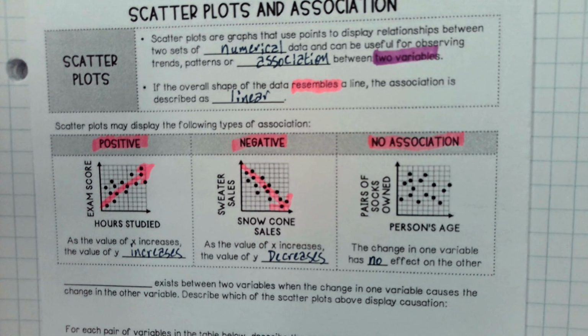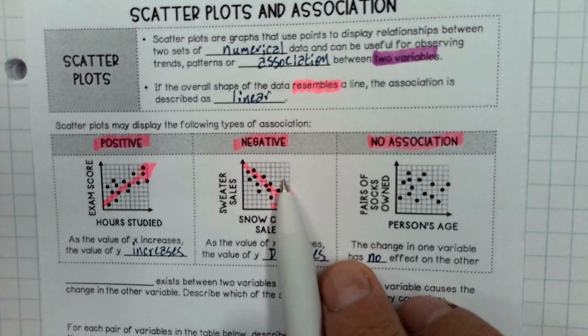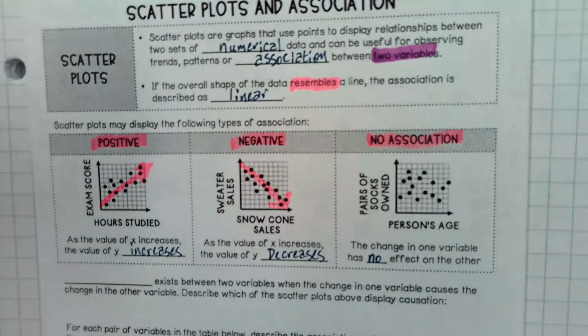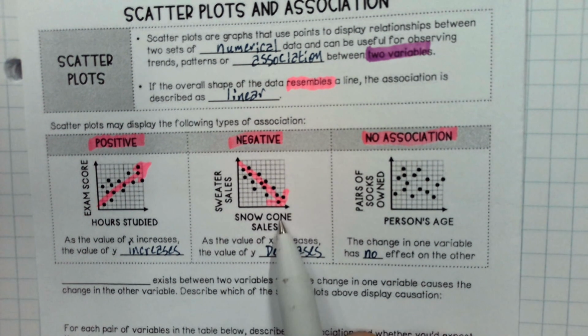Okay? Unless you're a sock collector. Ah, that would be an outlier. An outlier would be something that's outside of that connection. Let's say for some reason, in some location, they really like snow cones and they really like sweaters. So even in the winter, they buy snow cones.